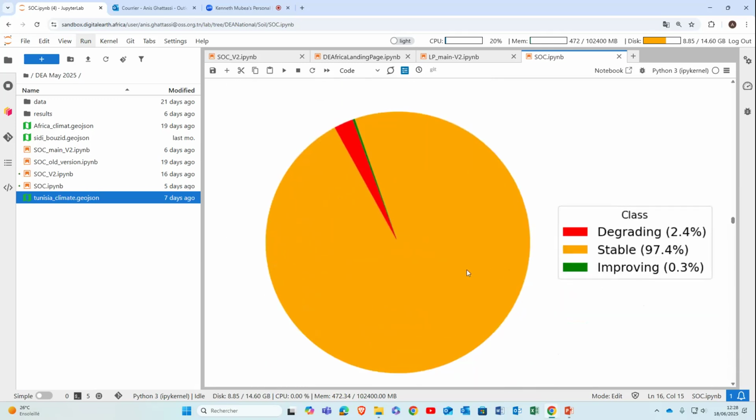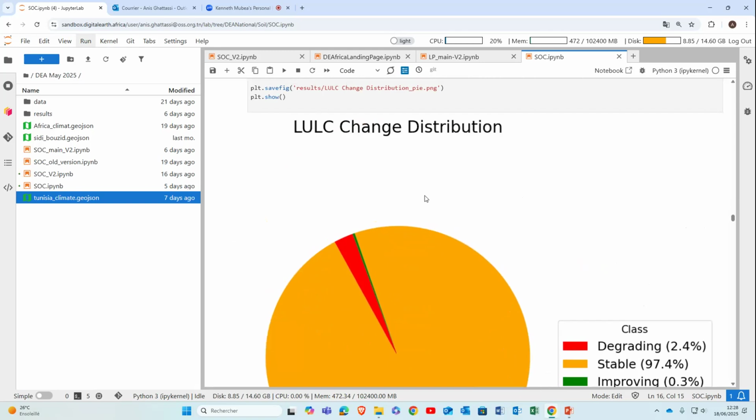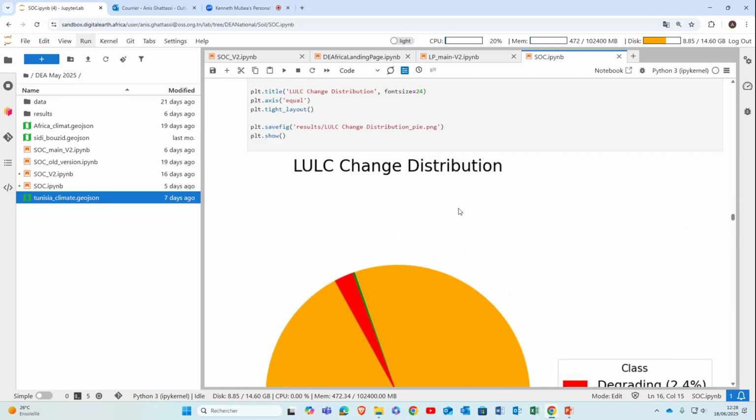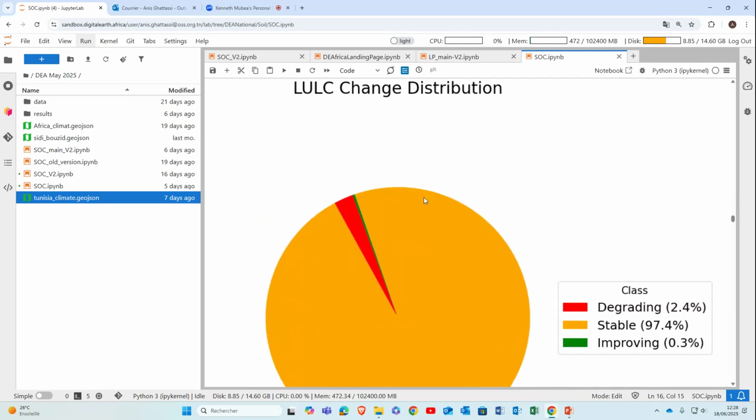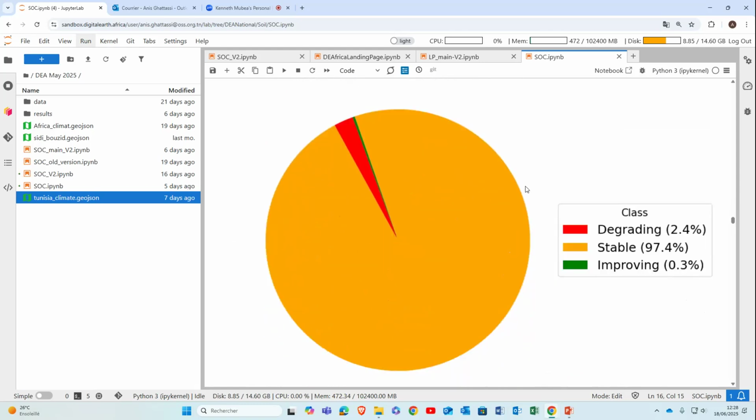Then a statistical visualization of the land use land cover spatial distribution shows that more than 97% is a stable class, more than 2% is degrading, and 0.3% is an improving area.